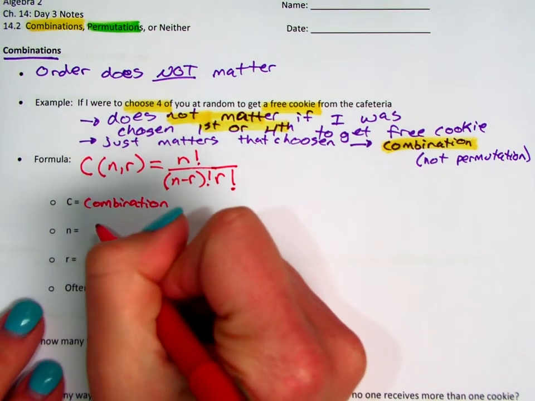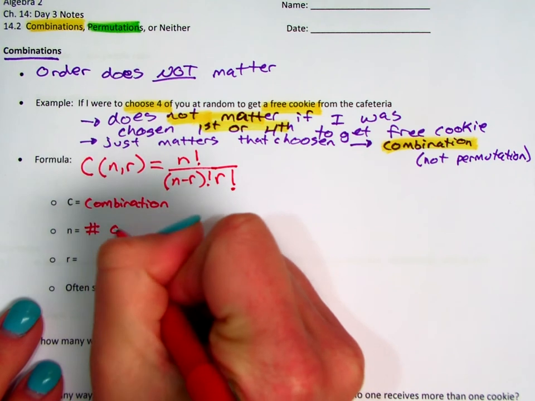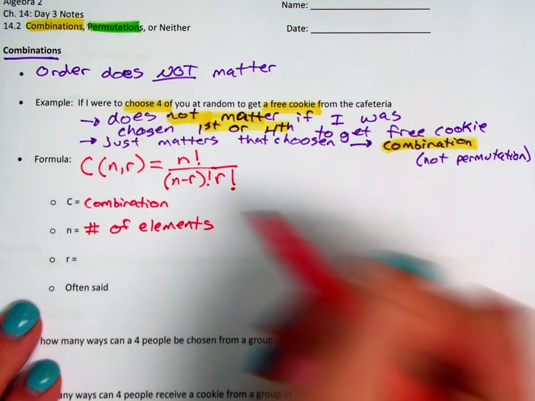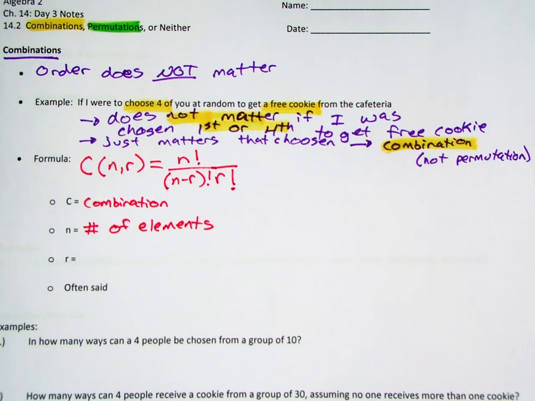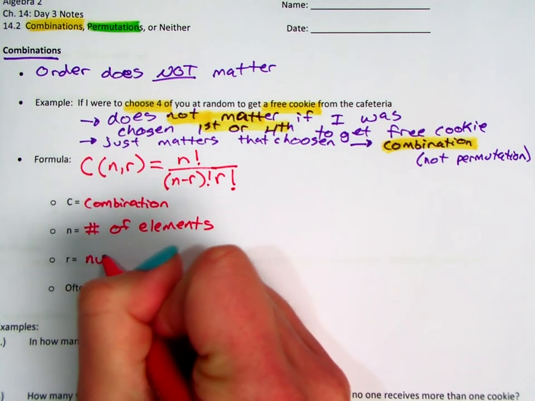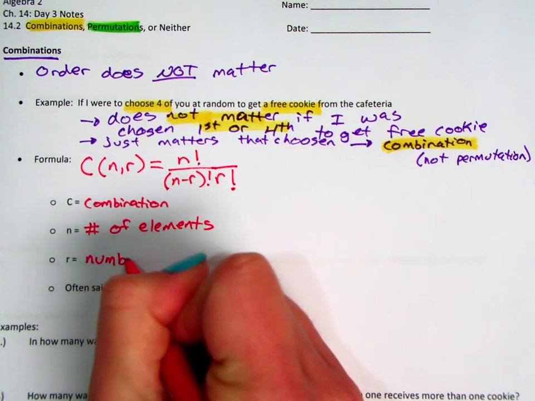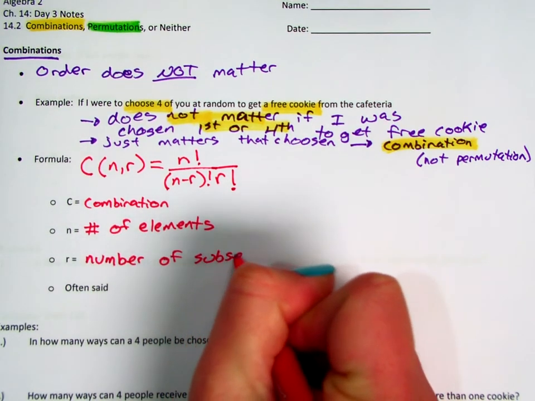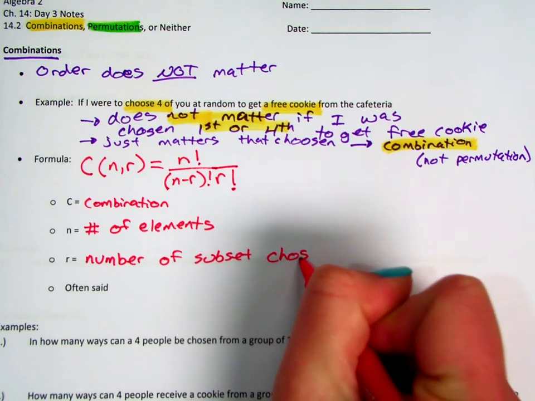N stands for the number of elements. In other words, if we were talking about the number of students watching this video, let's say there were 90 of you, then N is 90 because that's how many elements there are. R stands for the number of the subset that is chosen.